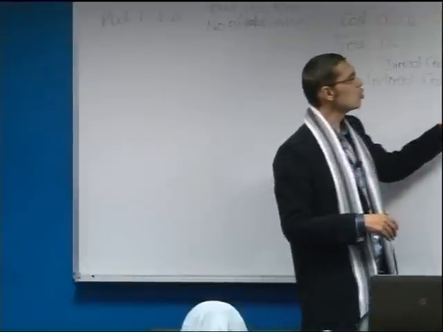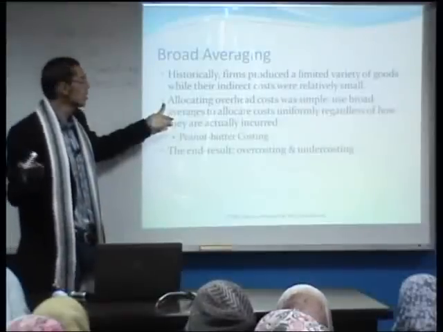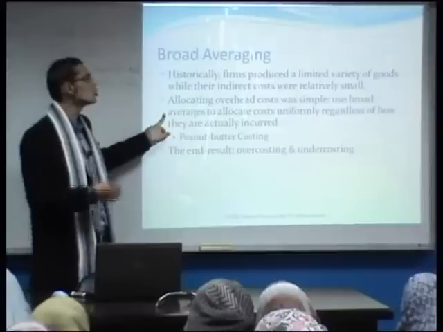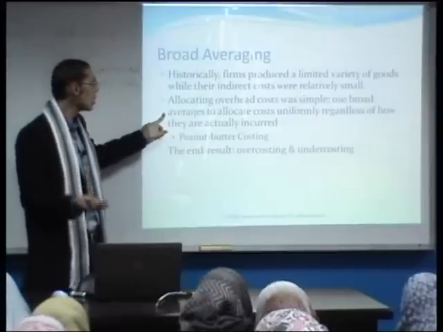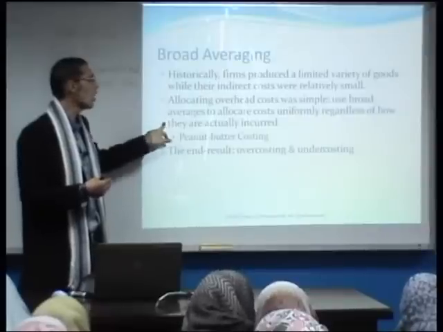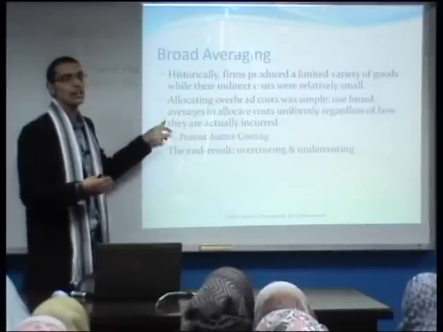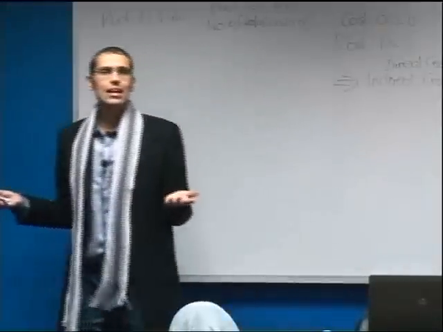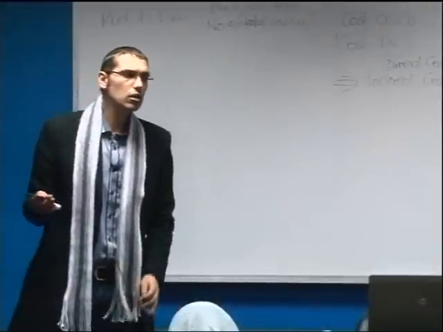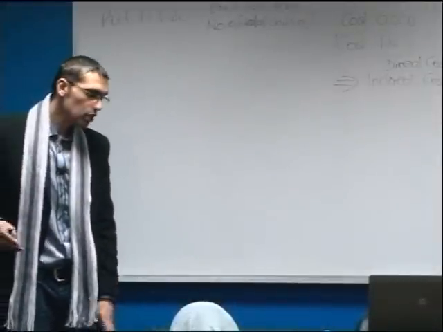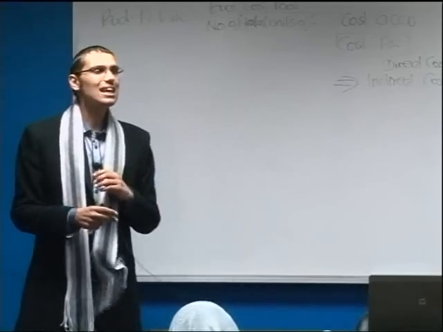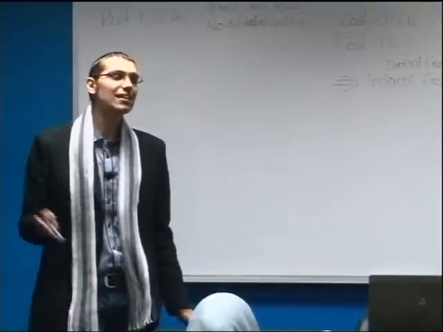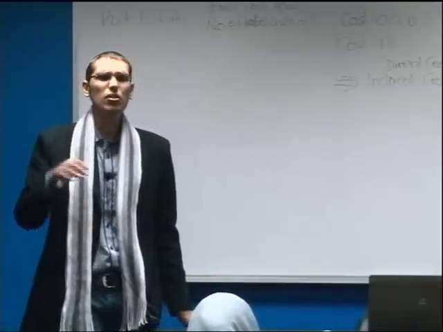Allocating overhead costs was simple, by using broad averages to allocate costs uniformly, regardless of how they are actually incurred. For instance, we could say that the electricity bill for the university can be allocated by the number of rooms.